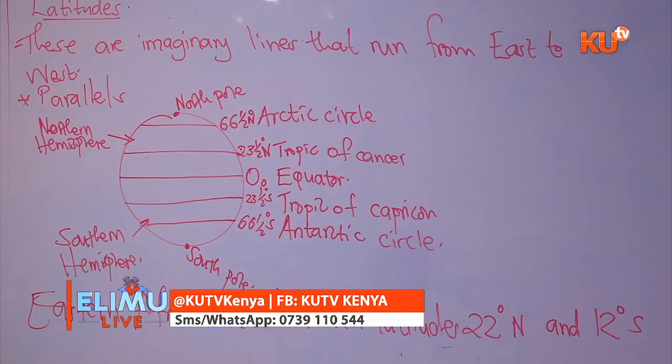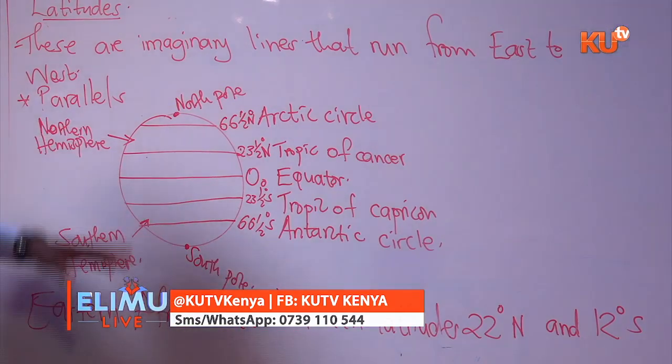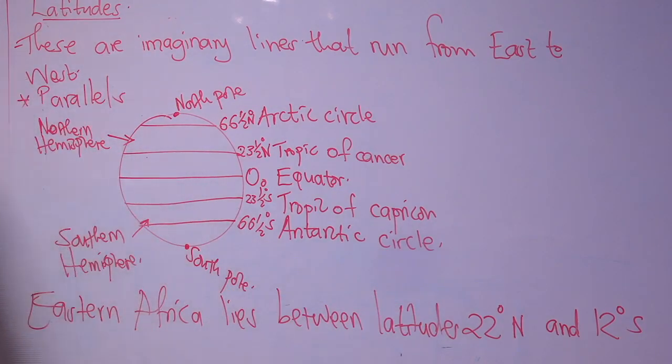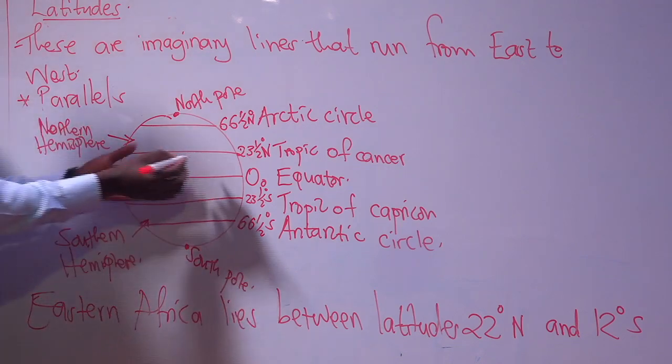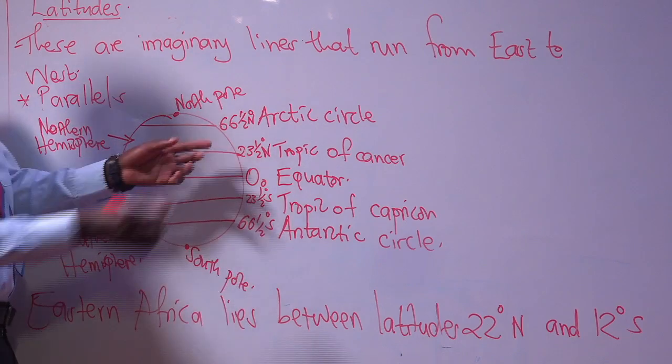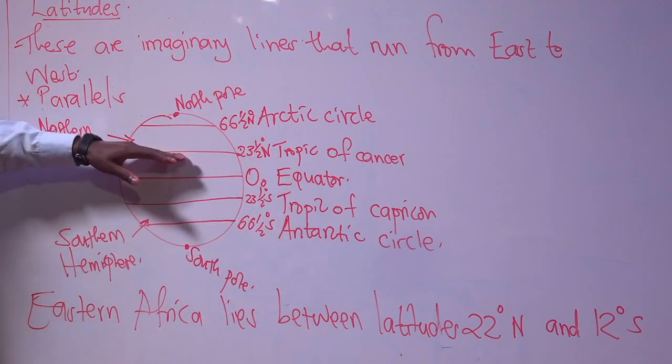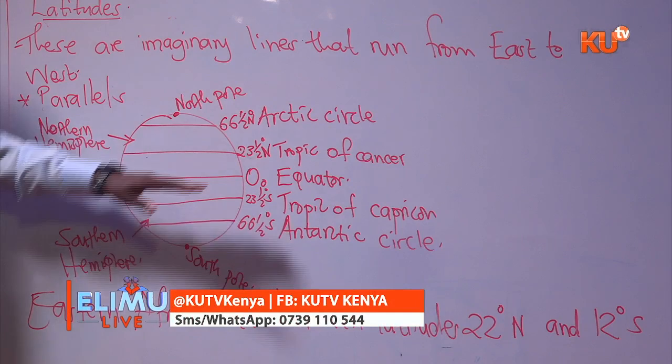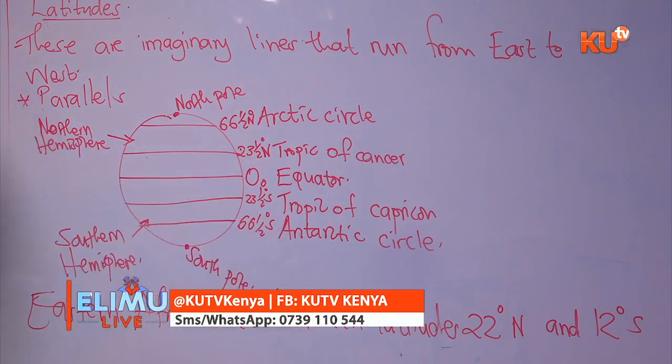It tells you that Eastern Africa lies along the equator and not on the tropics. You see, to the north, it is actually near the Tropic of Cancer, but it doesn't get to the Tropic of Cancer. And to the south, it doesn't get to the Tropic of Capricorn. And I'm going to tell you how that influences the climate of Eastern Africa.